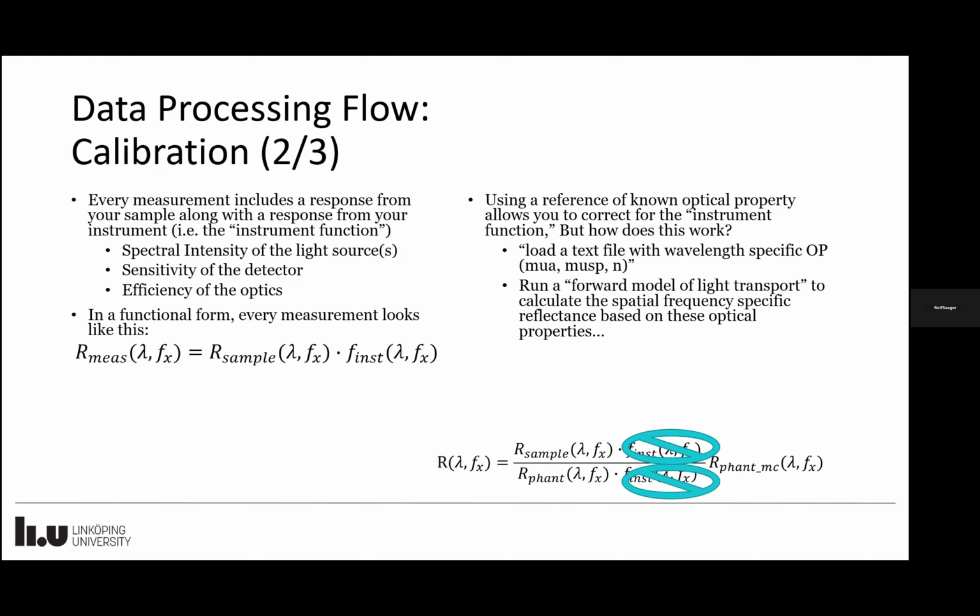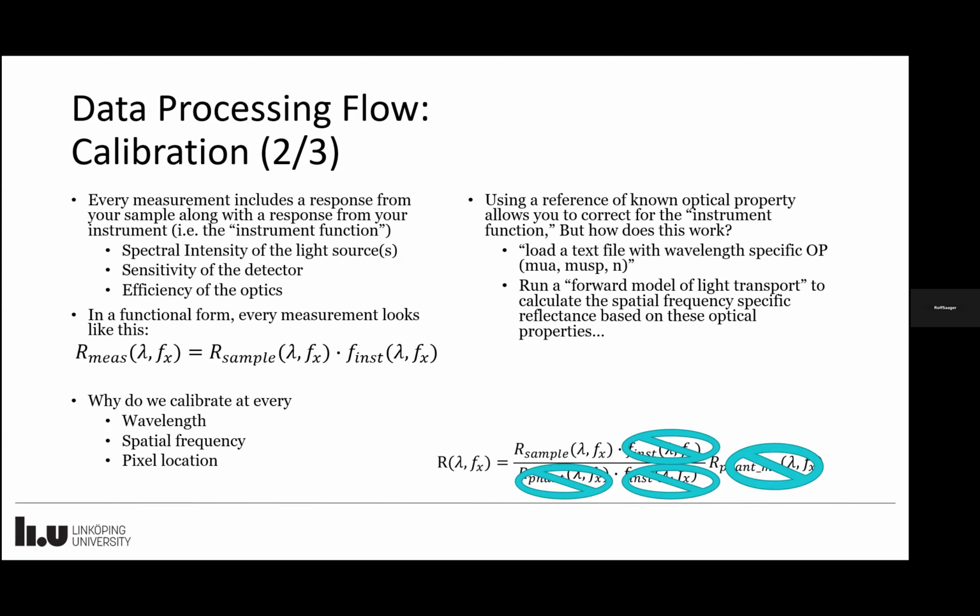But if you know what the phantom optical properties are, you can run the forward model, a Monte Carlo of those properties, and multiply by that, which cancels the other two out. Now you're just left with the reflectance exclusively from your sample. So with all that, you now have a calibrated system.